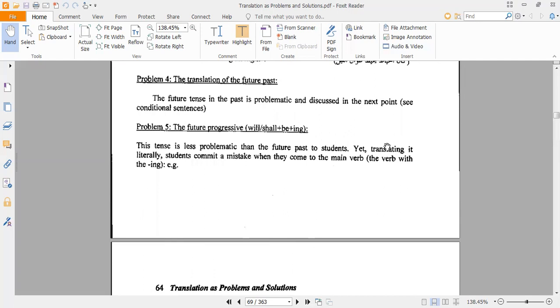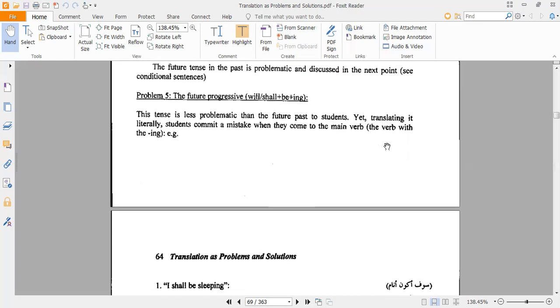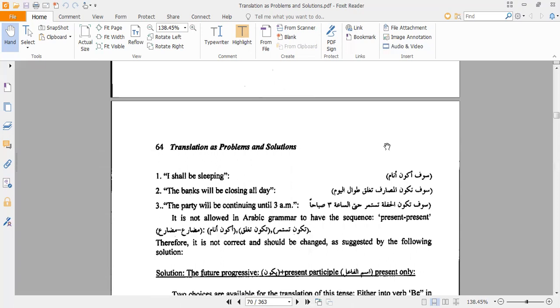Okay, now translation of problem number 5. The future progressive: will or shall plus be plus verb with ing. If you render them literally, I shall be sleeping سوف أكون نائما.